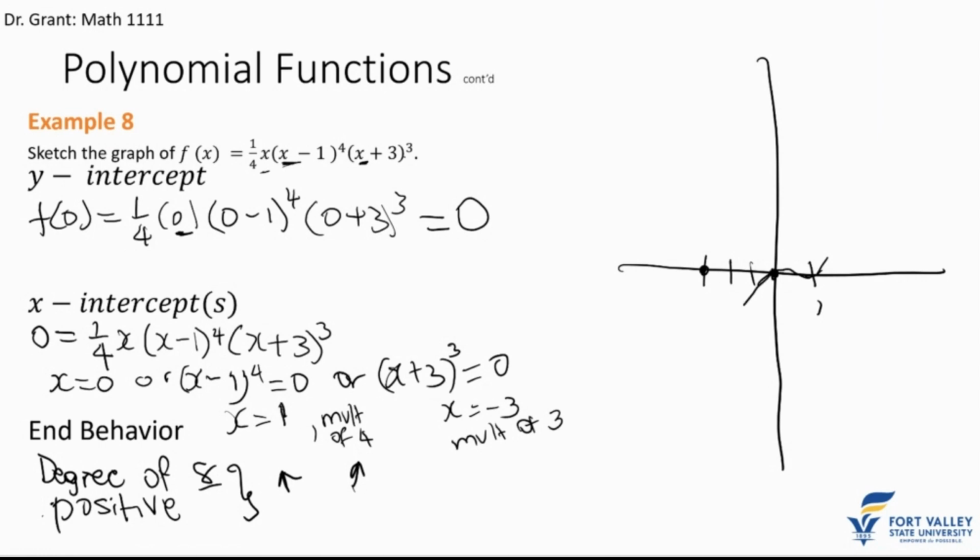And then at -3, the odd multiplicity. So remember with the odd multiplicity, you have a flat spot, but it does go through. So something like this, both sides up. All right.